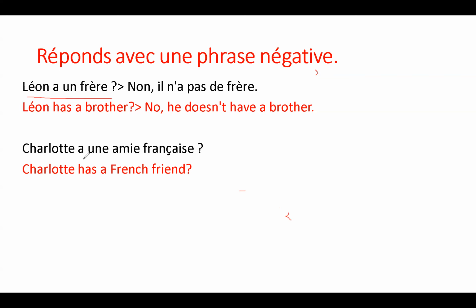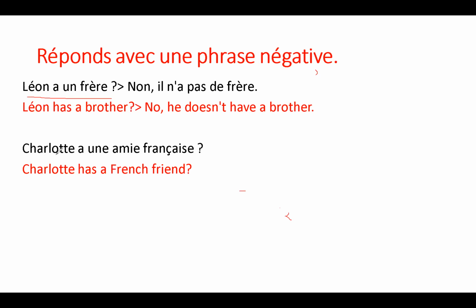No, he doesn't have any brother, or he doesn't have a brother. So in that case, il n'a pas de frère. So I'm asking a question and you need to reply. Répondre. Okay. Léon a un frère. Léon has a brother. So he said, no, he doesn't have any brother. So il n'a pas de frère. Un is converted as de.